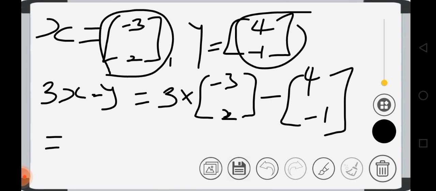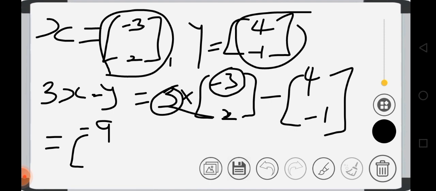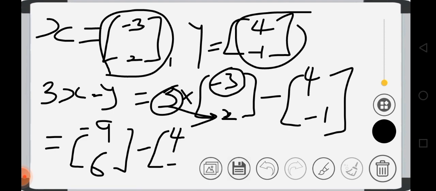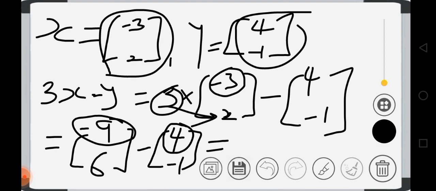So this will give us 3 times minus 3, that is minus 9. Then 3 times 2, that is 6. Then minus 4 and minus 1. That will give us minus 9 minus 4, which gives us minus 13.